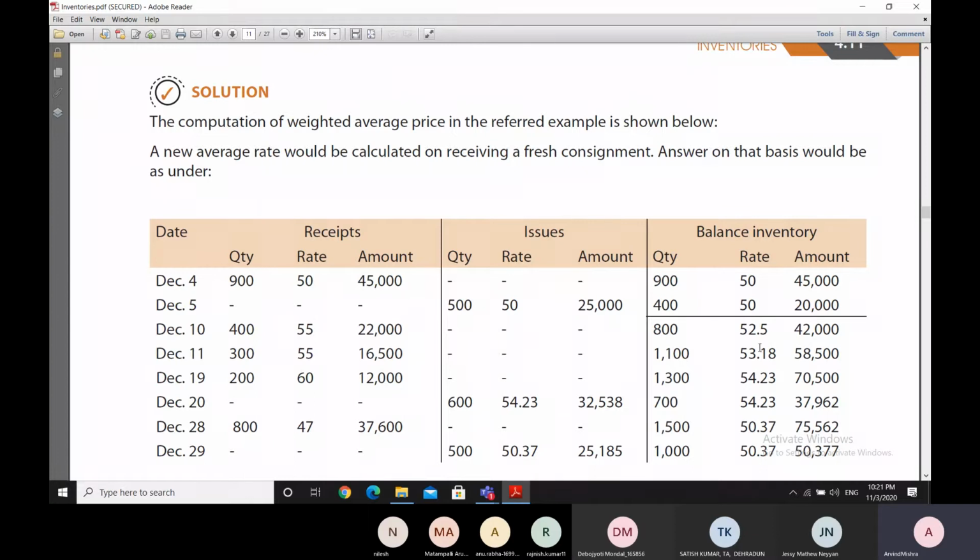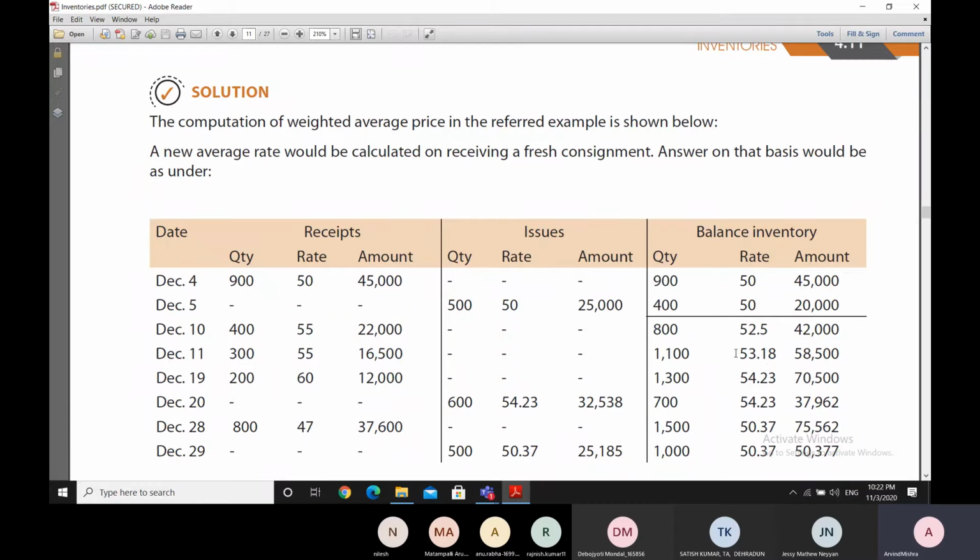So we arrive at an average rate here, 52.5, and finally we get the amount here for the 800. Again, we receive on December 11th 300 items, and the rate is 55 again. And so this weighted average price is calculated here, 53.18.